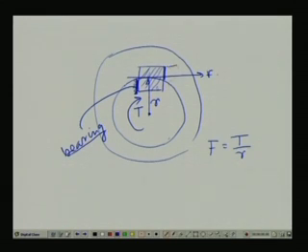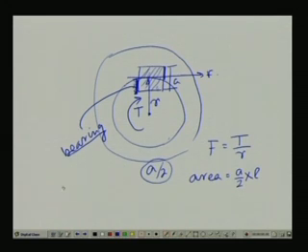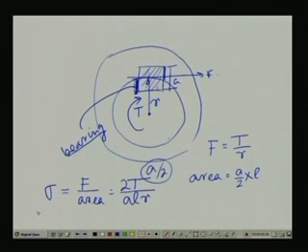The entire dimension was given as A, so this length is basically A by 2. What is the total area? The area equals A by 2 multiplied by the total length, which I suppose was given as L. So, we get the bearing stress sigma equals force divided by area, which comes out to be 2T by ALR. This is precisely how we get the bearing stresses in this manner.